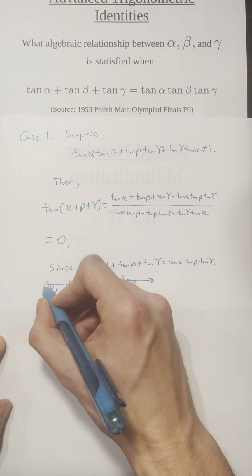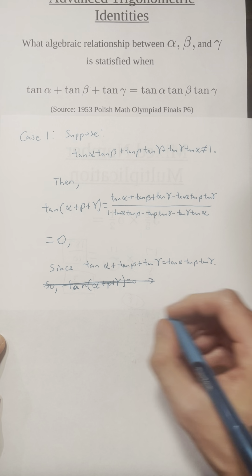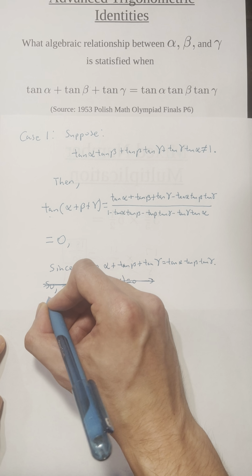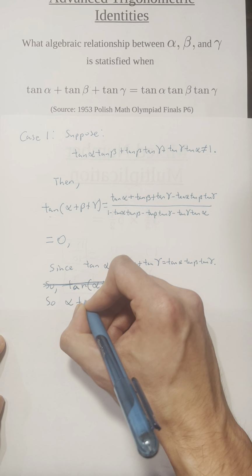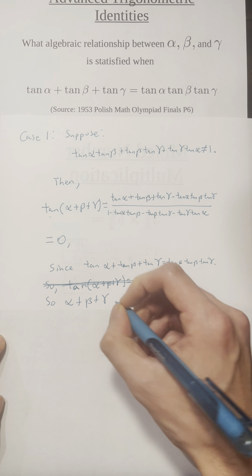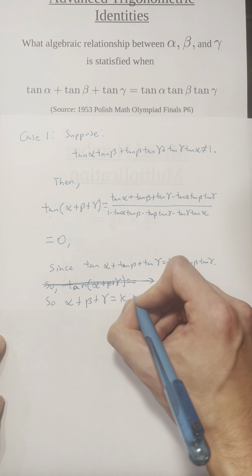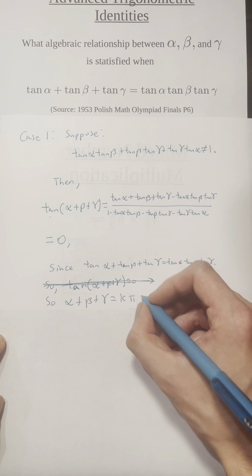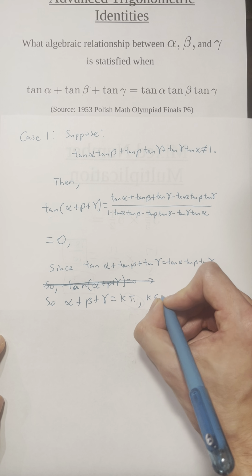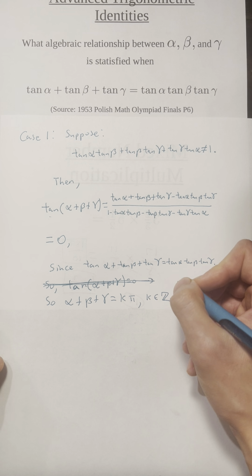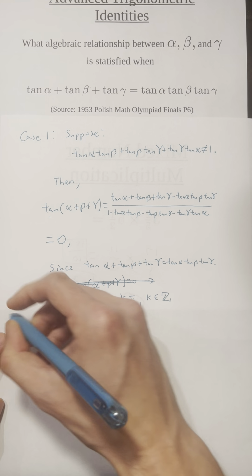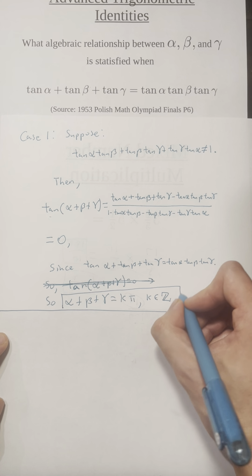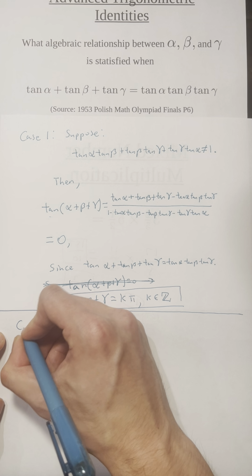I guess we can just cross it out. Okay. So alpha plus beta plus gamma is equal to k times pi. Yeah, because this has to be an integer multiple of pi. Okay. Now, okay, I'll box this. We also have the other case.